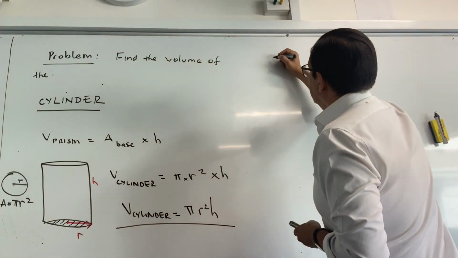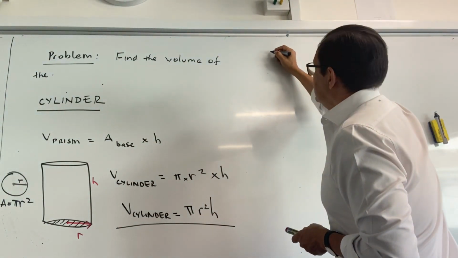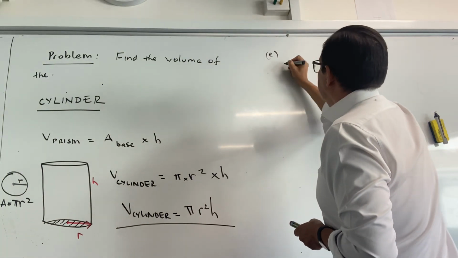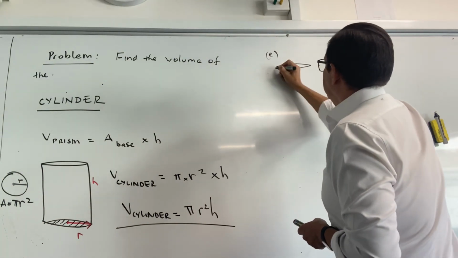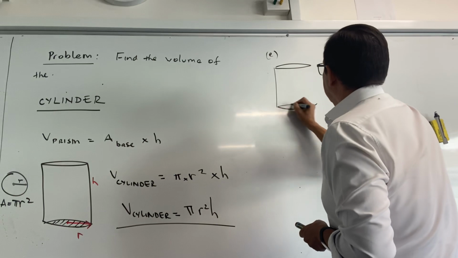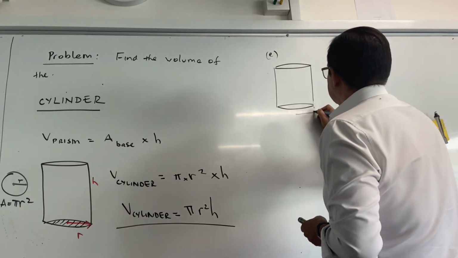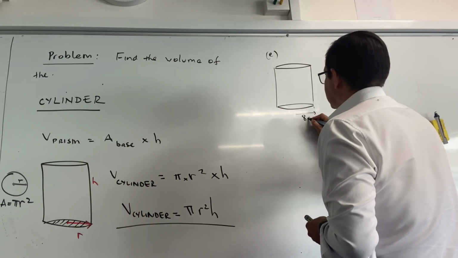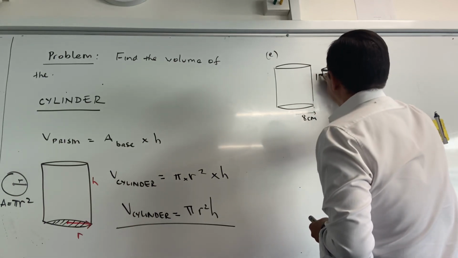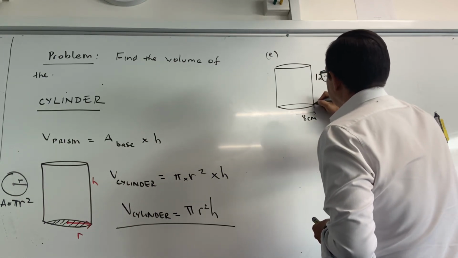So, let's do A, B, C, D. I think we're up to E. Let's say that this here is 8 centimeters. This is 12 centimeters in height.